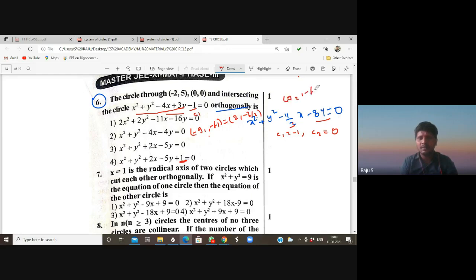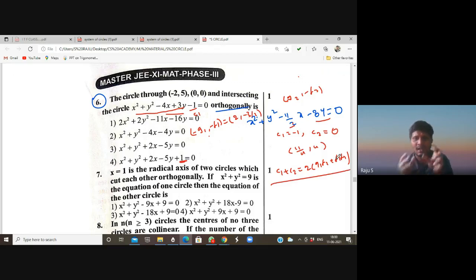Minus g2 comma minus f2, that is 11 by 4 comma 4. So c1 plus c2 is equal to 2 times g1 g2 plus f1 f2. Whether this condition is satisfied or not, that only you can check. Here c1 value is -1, so -1 plus 0 is equal to 2 into g1 g2 plus f1 f2 or not. That only you have to check.